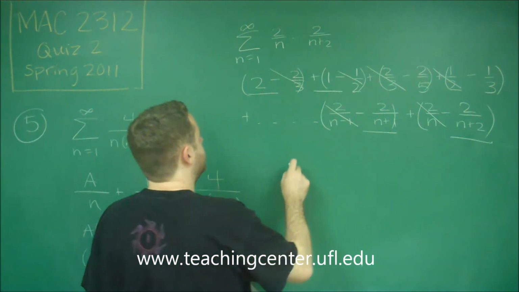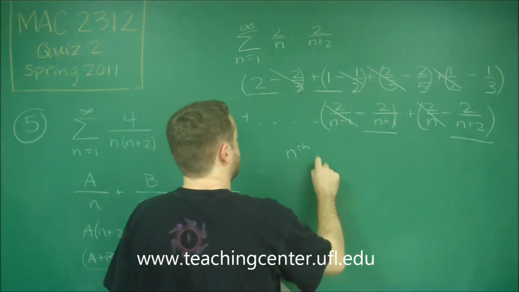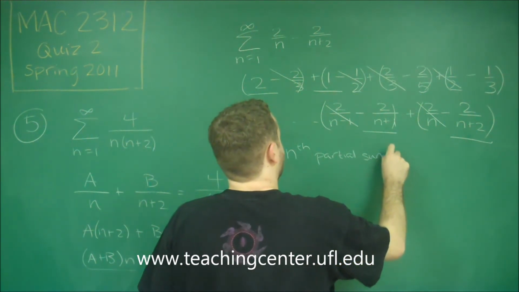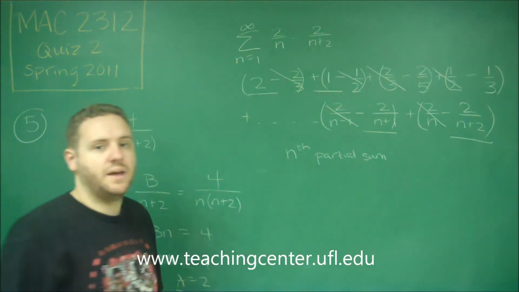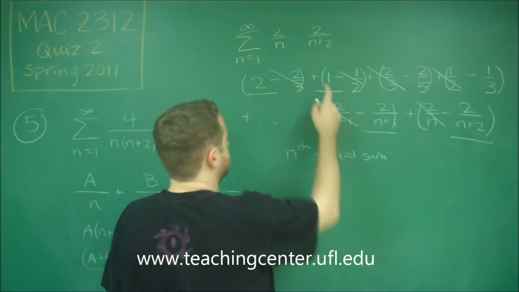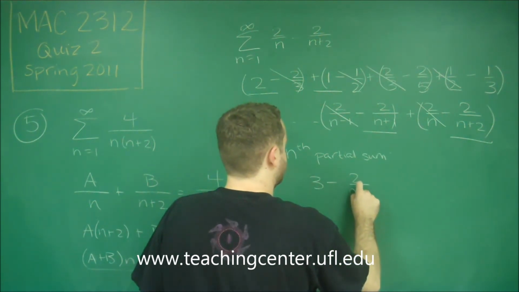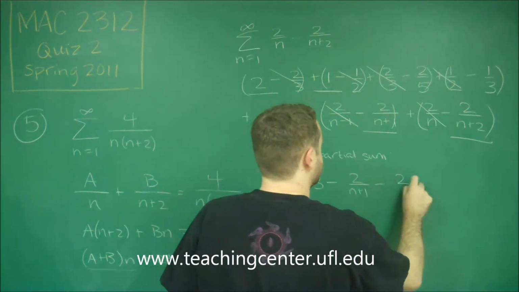So the nth partial sum is given by what's left after all of that. Well, we have 2 plus 1, so we have 3. We have a minus 2 over n plus 1, and we have minus 2 over n plus 2.